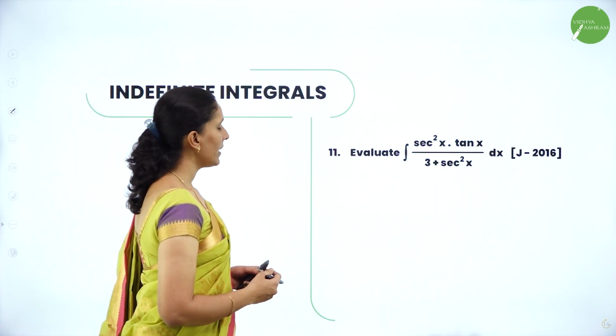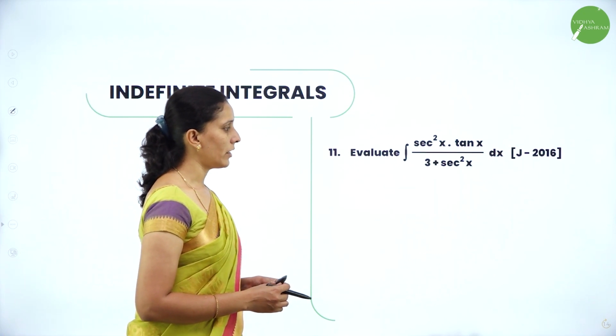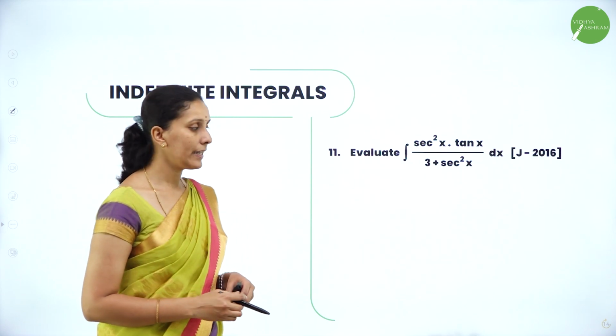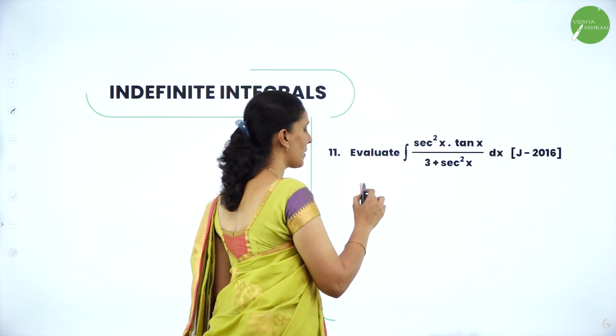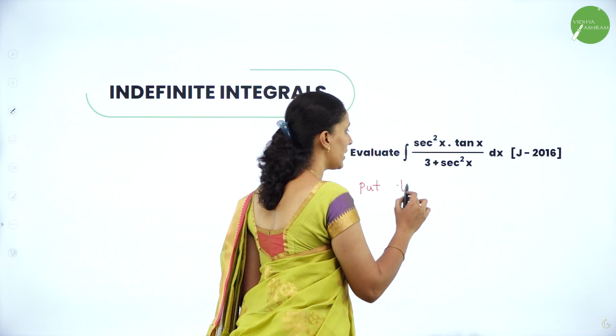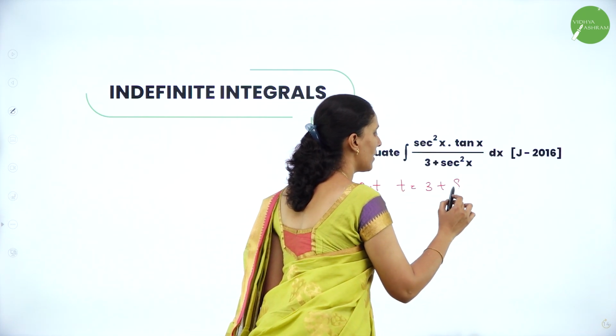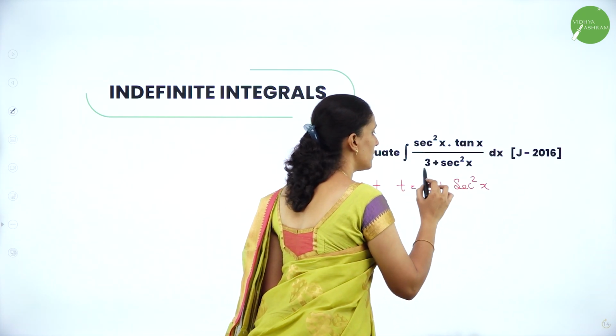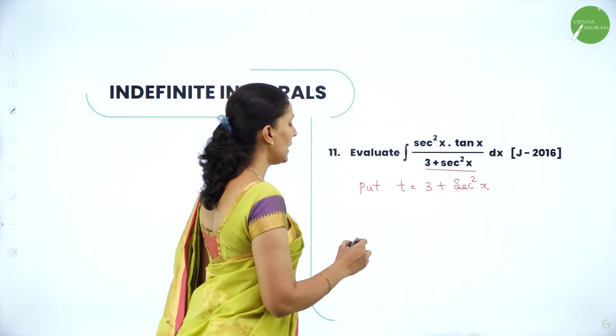Next we have to evaluate secant square x into tan x divided by 3 plus secant square x dx. So let's use the substitution method. We will put t is equal to 3 plus secant square x. Then let us differentiate it.